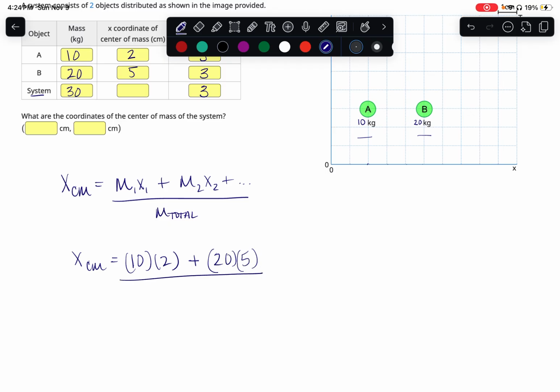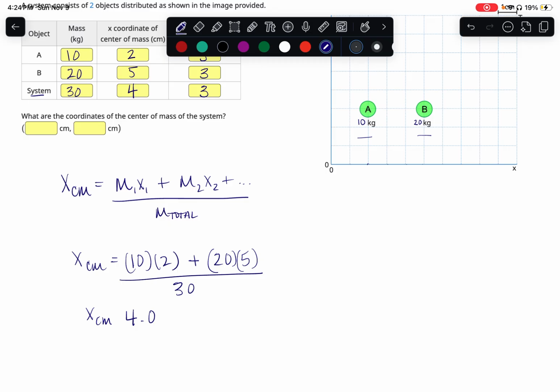And I'm going to divide that by the total mass of the system, which is 30. And when I plug that into my calculator, I'm going to get 20 plus 100 over 30, which is going to be 4. So the center of mass of the system is going to be at 4.0.